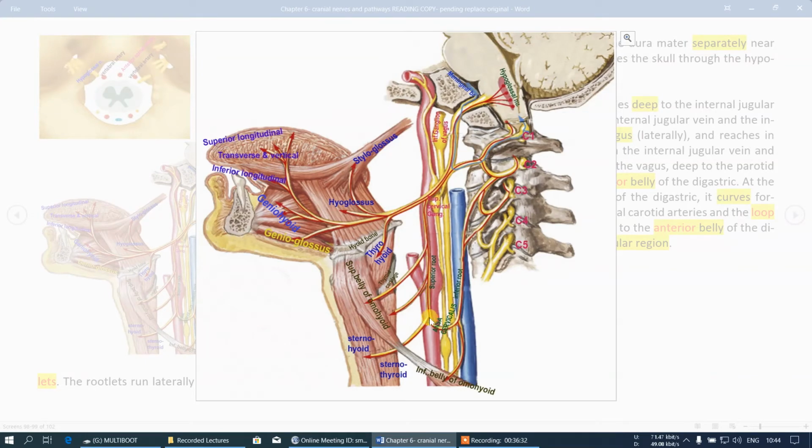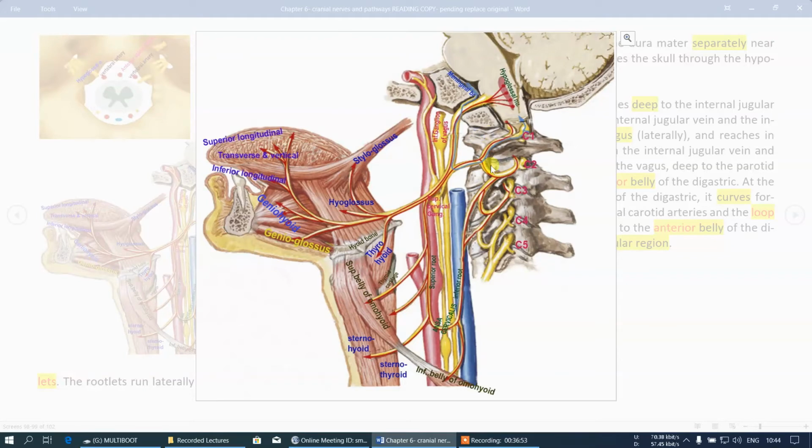This loop is known as ansa cervicalis. Ansa means loop. Ansa cervicalis has two roots, a superior root and an inferior root. The inferior root comes from C2, C3, and the superior root comes from C1, C2.